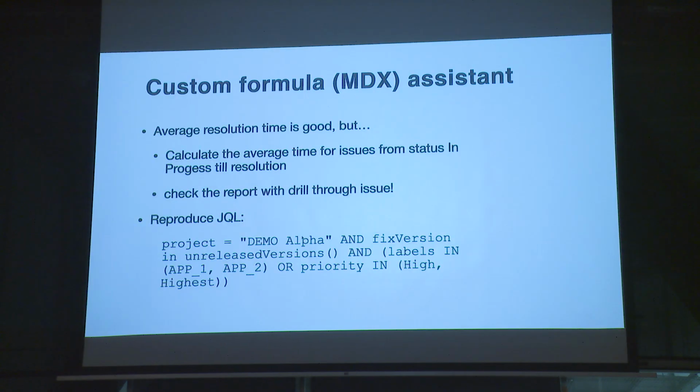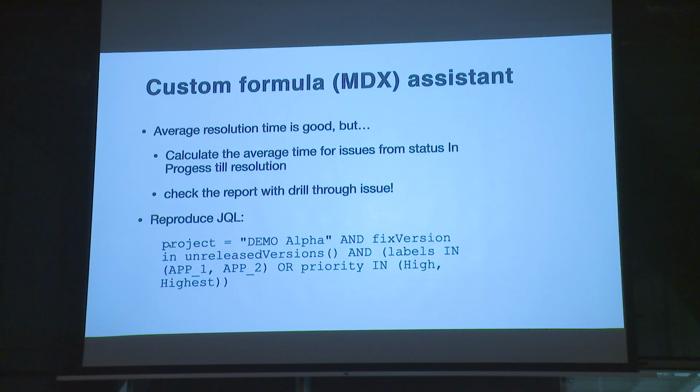The other use case I want to demonstrate here is my favorite thing about JQL, because customers, we love and hate the customers simultaneously, who say, hey, I checked your report and my JQL gives another result than your report, tell me why.